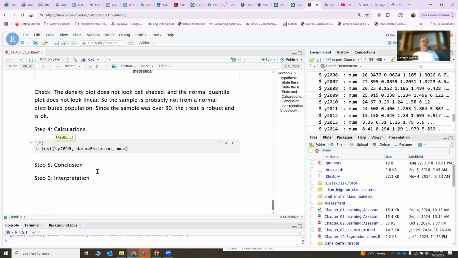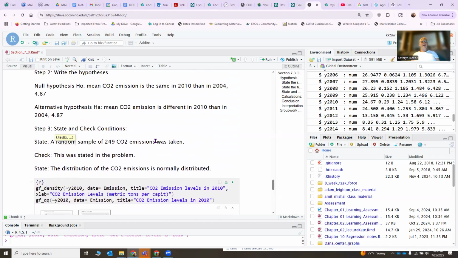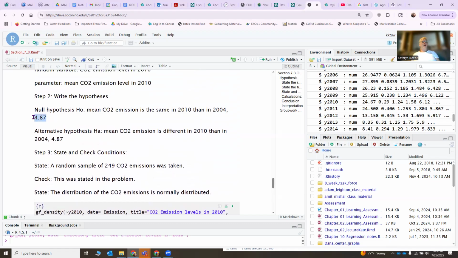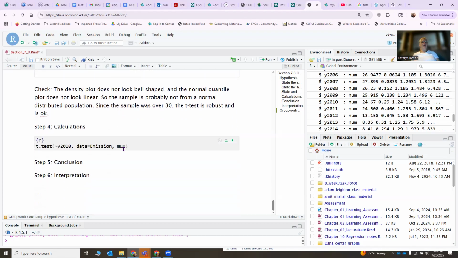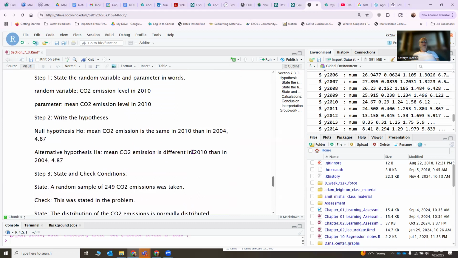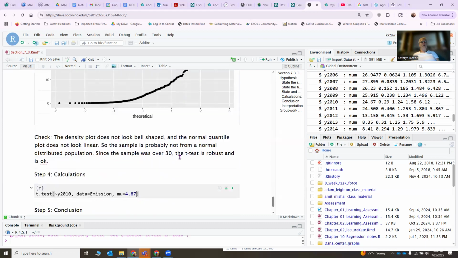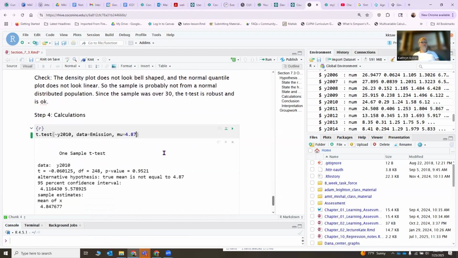What is the population mean? That's what mu stands for, the population mean. And this is where I needed it. I put this value in here from the null hypothesis and the alternative hypothesis. That's the 4.87. That's the number I'm comparing it with. I may also have to put the alternative equals, but since this alternative hypothesis is different, I don't need to worry about the alternative equals. It's a default. It will automatically go to that one.